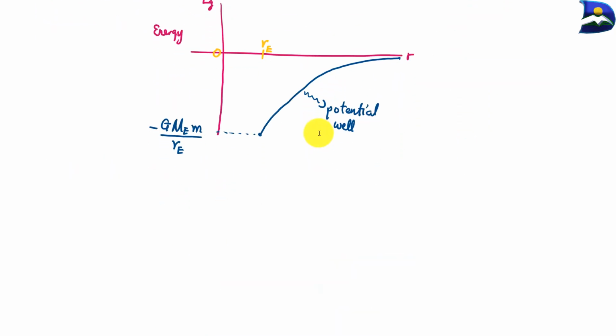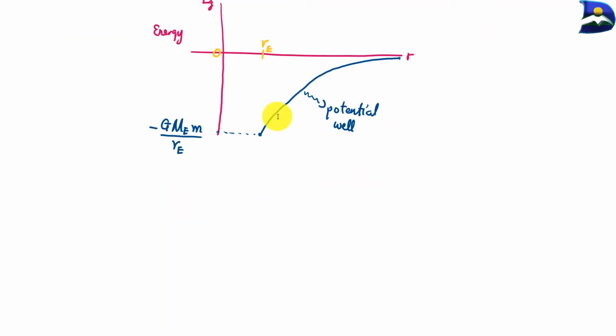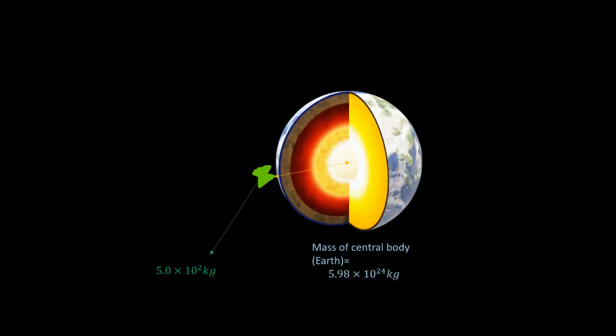We are now going to determine what our gravitational potential energy is through our analysis. We figured that yes, we are given a couple of pieces of information. We are given, through research, the mass of Earth, which we determined on our previous video to be 5.98 times 10 to the power of 24 kilograms, but also we were given the mass of our satellite, which is 5.0 times 10 to the power of 2 kilograms.